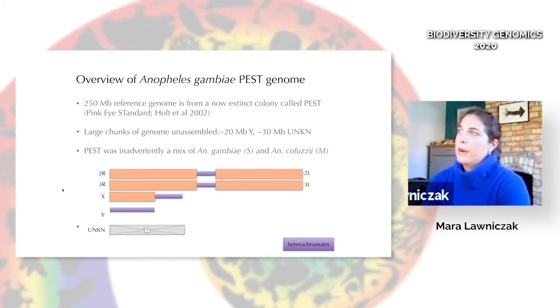Those pieces are still very poorly assembled, and PEST is the name of the genome that we tend to use. It's our standard Gambiae genome. It was sequenced before we really understood Gambiae and Coluzzii as separate species, and so it's actually a mix of these 2 species. And still, to this date, there remains a large chunk of the genome that we call the unknown, which is just a bunch of contigs that nobody knows where they go.